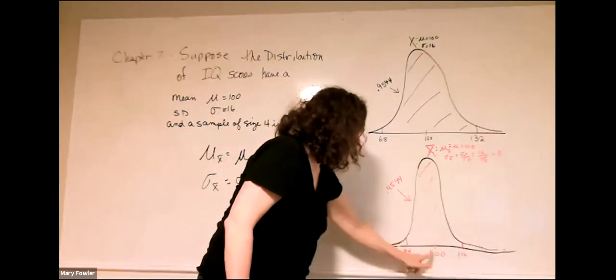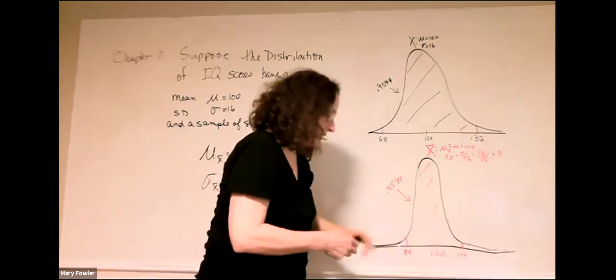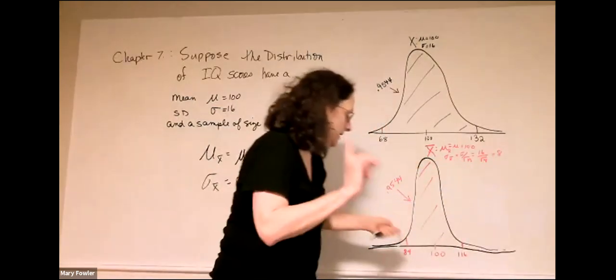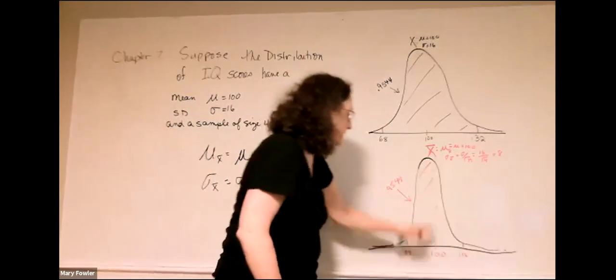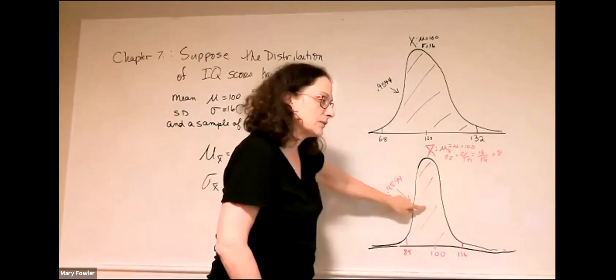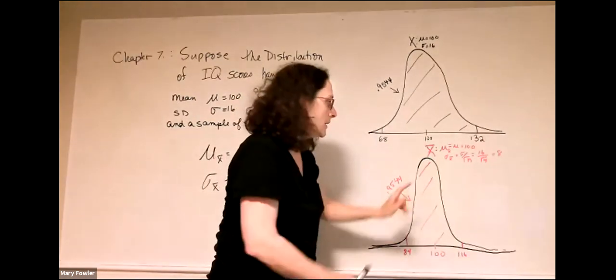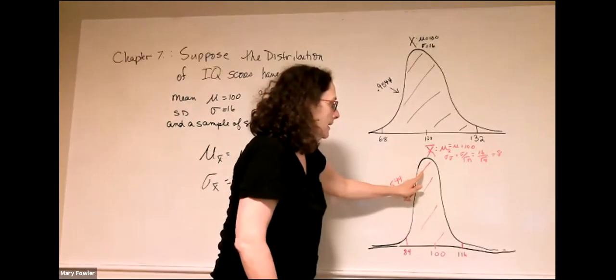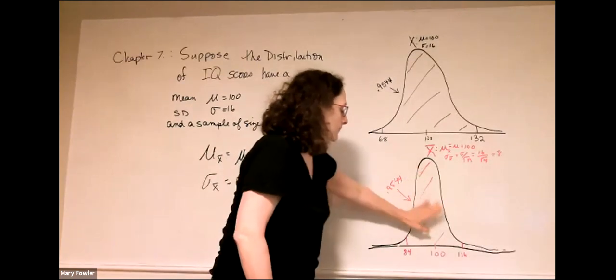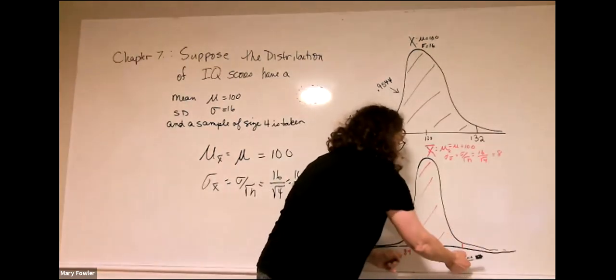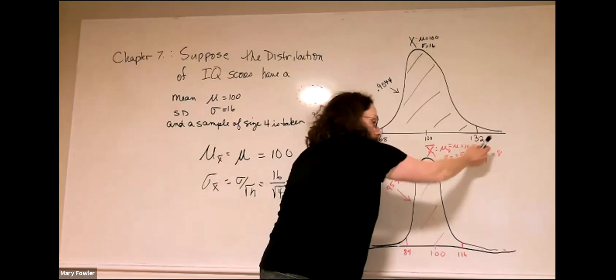It has a mean of 100 and its 2 standard deviation interval is 16 in either direction, between 84 and 116. So for the distribution of the sample mean, it's much tighter, much less variability. And 95.44% of the area is snuggled in much more tightly, 84 to 116 rather than 68 to 132.